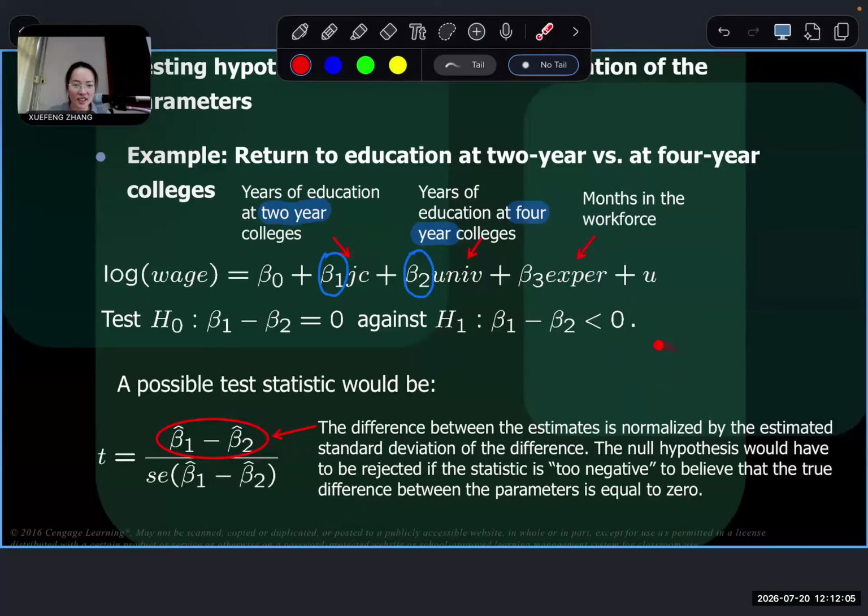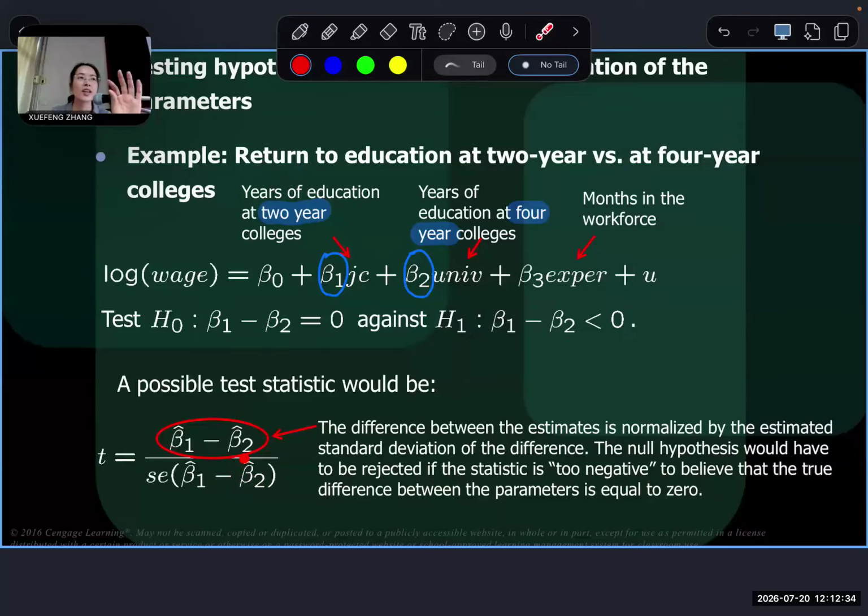But here is the catch, and it's the whole point of this slide. We can't just combine SE of beta 1 and SE of beta 2 separately. We need the standard error of the difference, which is beta 1 minus beta 2. Because this requires knowing how beta 1 hat and beta 2 hat covary, okay?